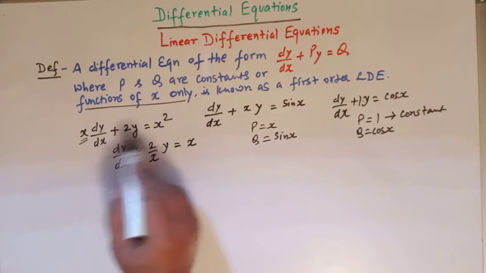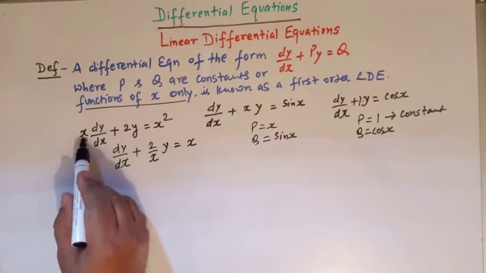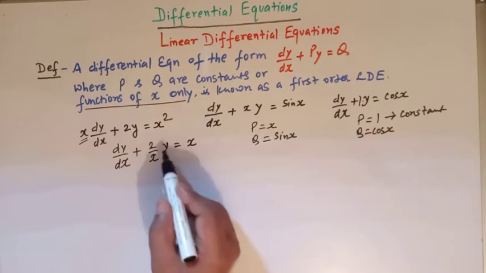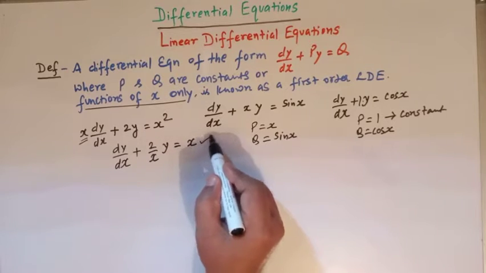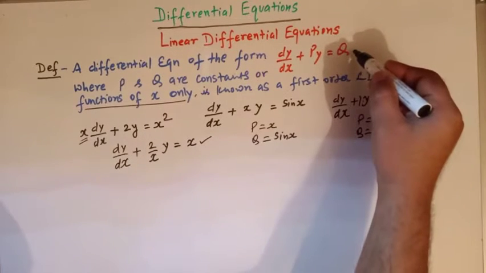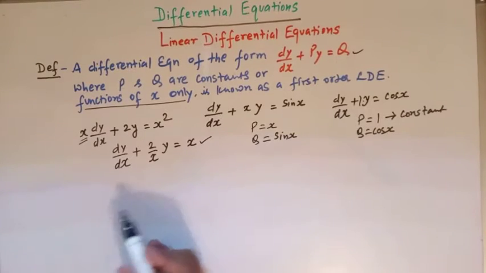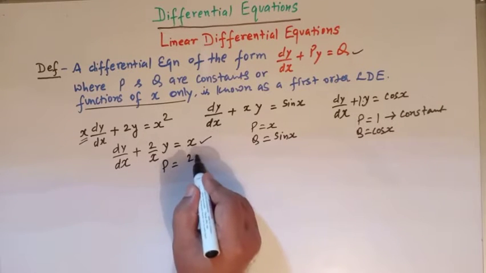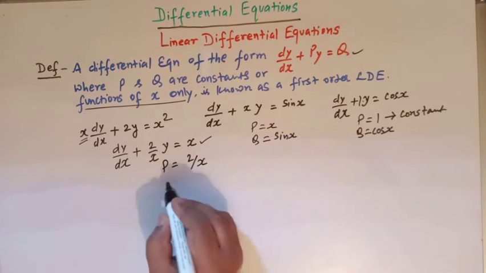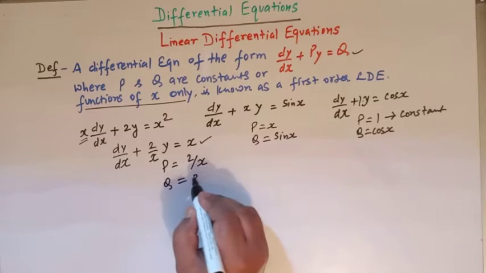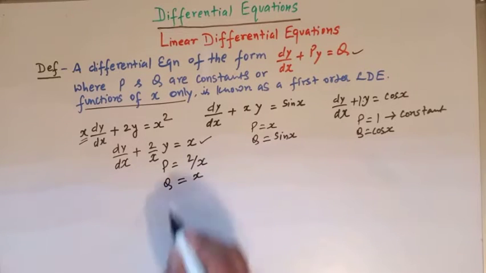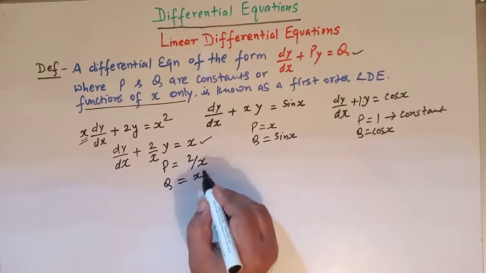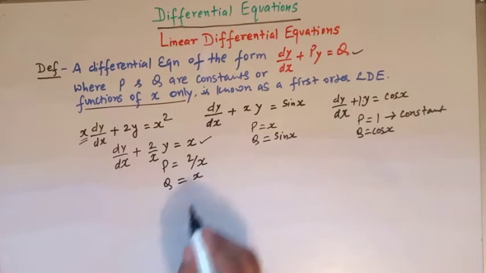Clear? We divide both sides by this factor x. Now we see that this equation is now comparable with this equation, and p is equal to 2 by x and q is equal to x, and p and q are both functions of x only. Clear?